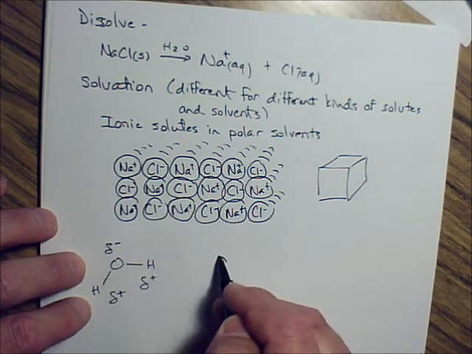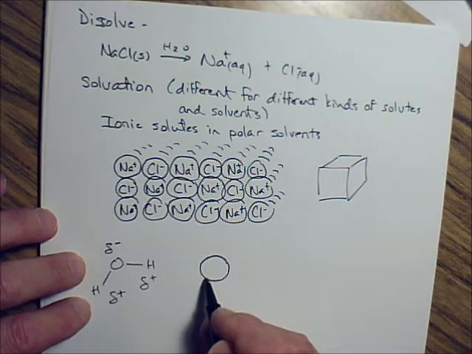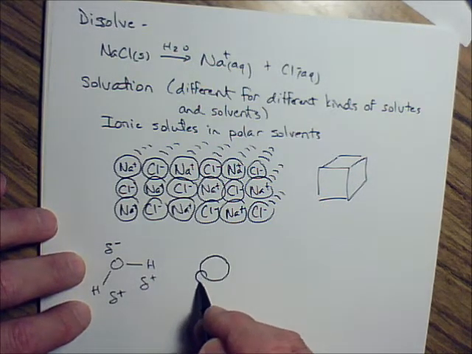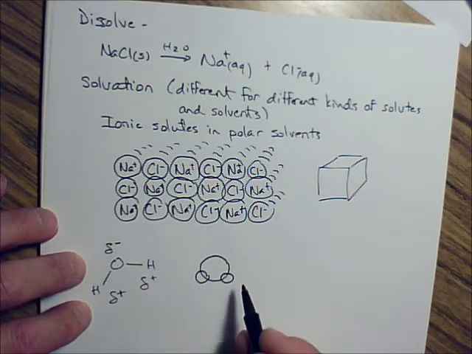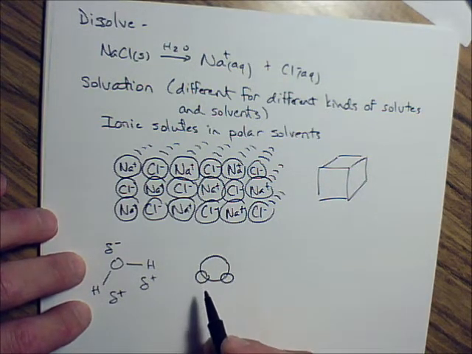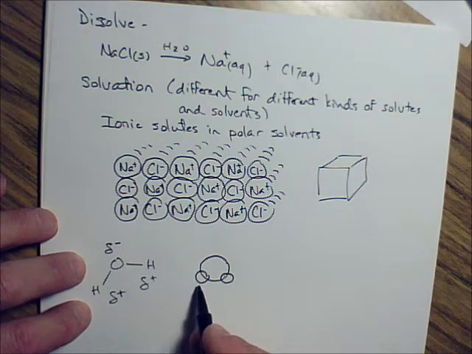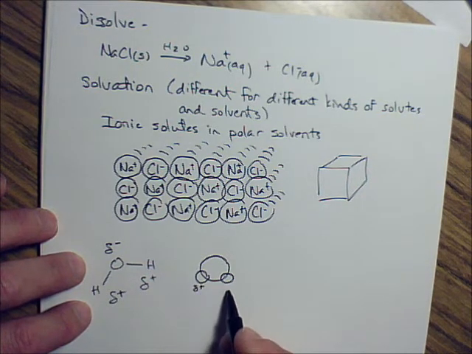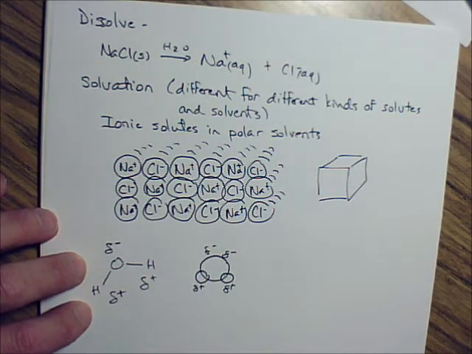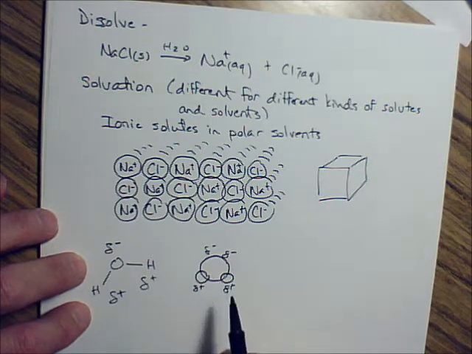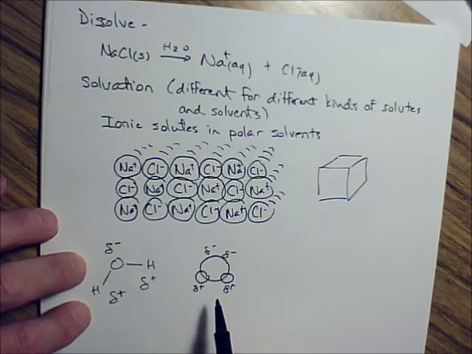But the actual structure of a water molecule would have a large oxygen atom and two hydrogen atoms that are sharing electrons here, and these are the partially positive and partially negative ends. Okay? So the oxygen has the partially negative end because it's far more electronegative than the hydrogen is. Okay?